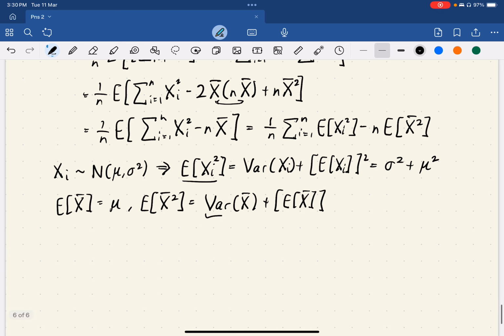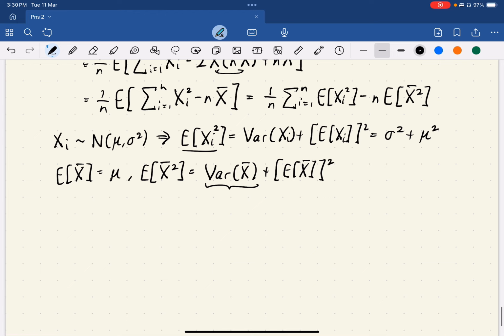Now, how do we find this? You can find this by simply expanding. The variance of x bar here is the variance of 1 over n times the sum of xi.